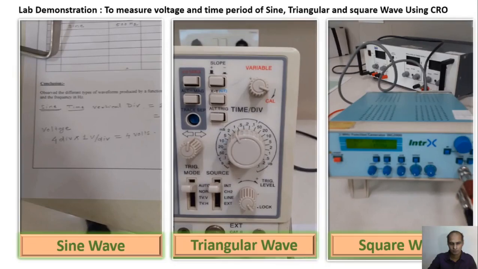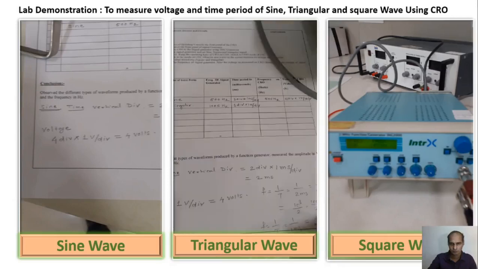If I put that value into the function, f equal to 1 by T, 1 divided by 1 millisecond, it will come to 1000 Hertz.